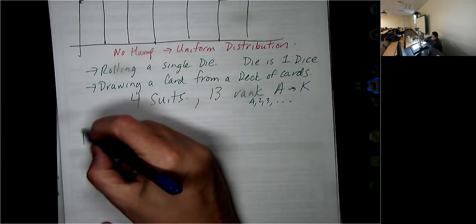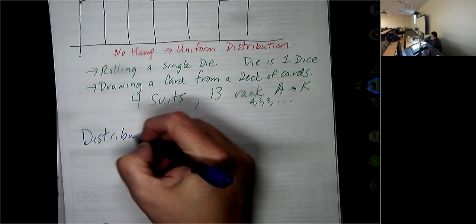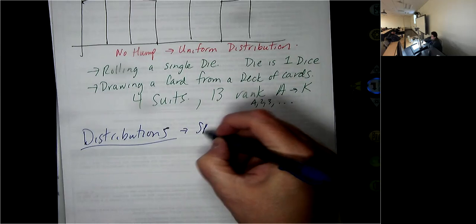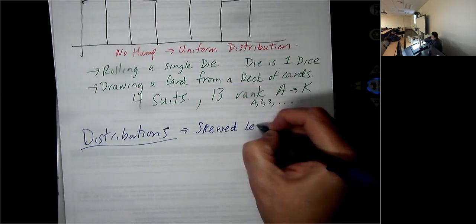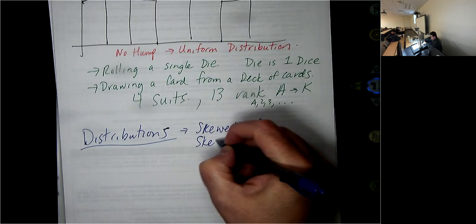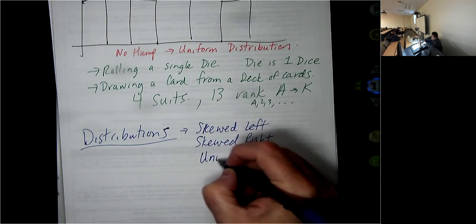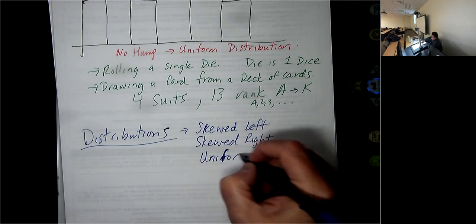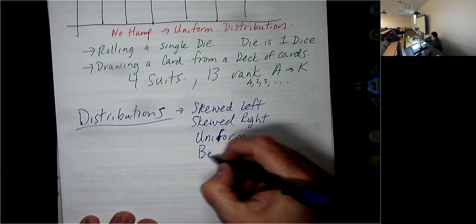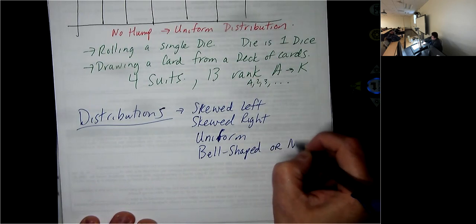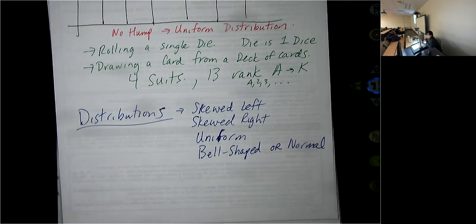The common ones, we will do other ones, but the 4 major ones are skewed left, skewed right, the uniform, and the bell-shaped or normal distribution. It's got 2 names. The bell-shaped one is the most common one, and that's why they call it the normal.